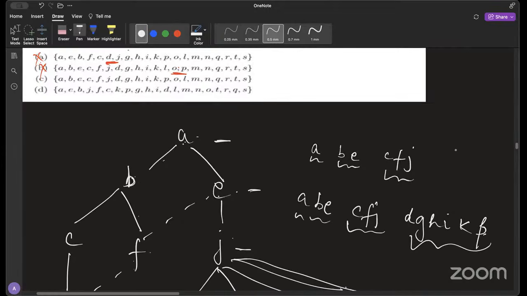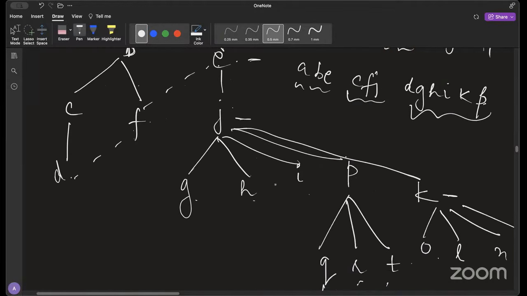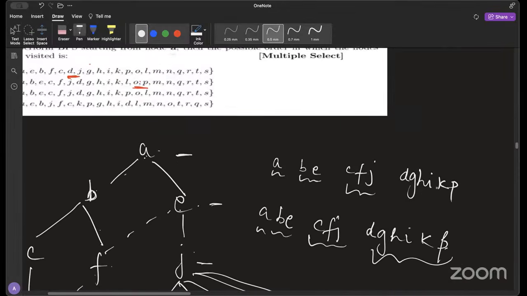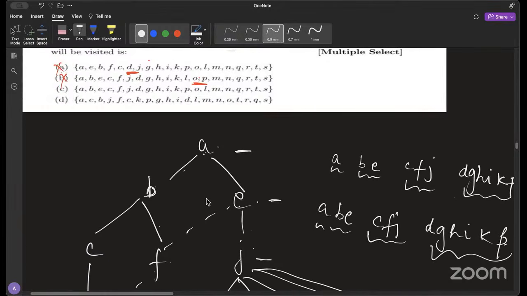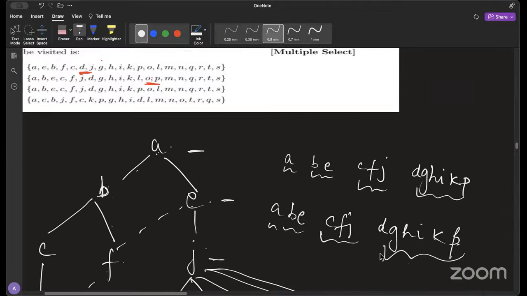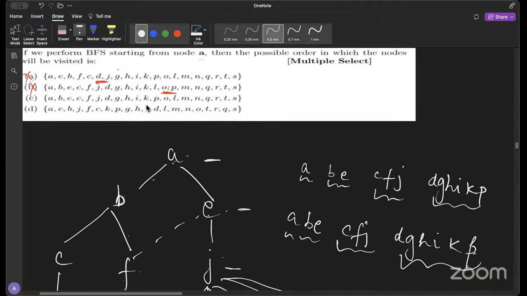Then D, G, H, I, K, and P. So this is also fine. If you see D, H, I, K, G, P, that's also fine. But you need to have all the vertices on the level covered first before moving to the next level. That's the idea. So this is also fine.